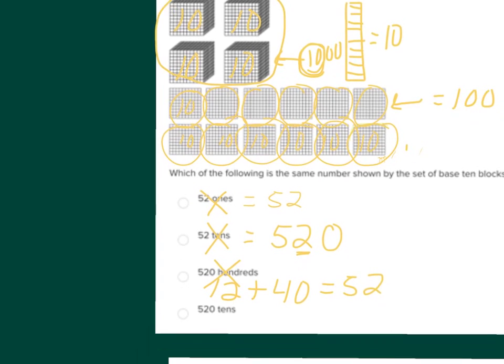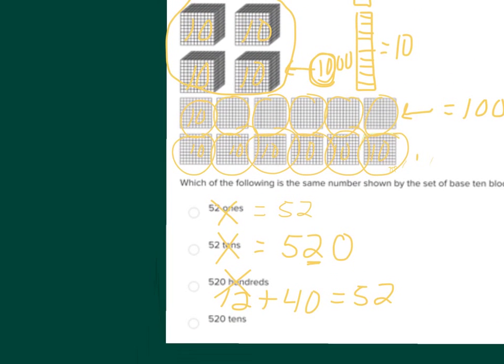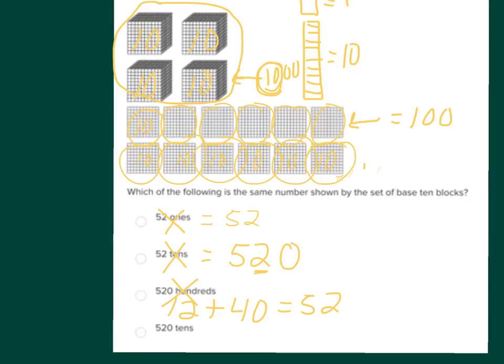This last one better be the answer. Are there 520 tens? Well, we were counting up the tens before. There were 12 tens. No, there were 12 hundreds. So remember, if you look right here, there are 10 tens, 20, 30, 40, 50, 60, 70, 80, 90, 100, 110, 120 tens right there.